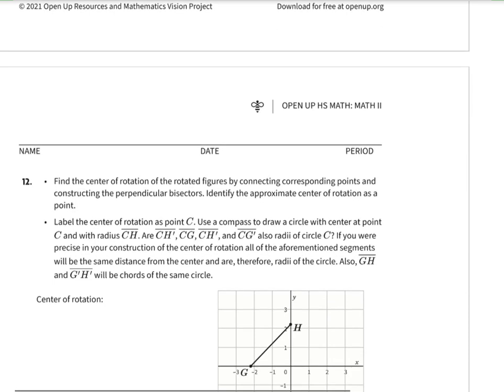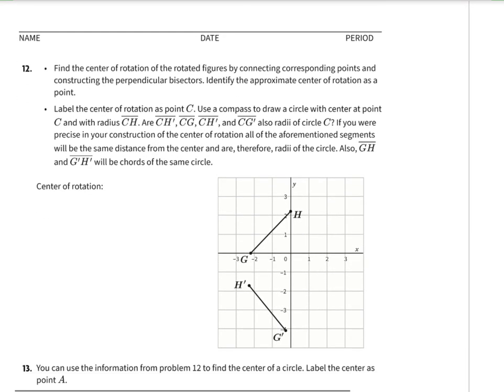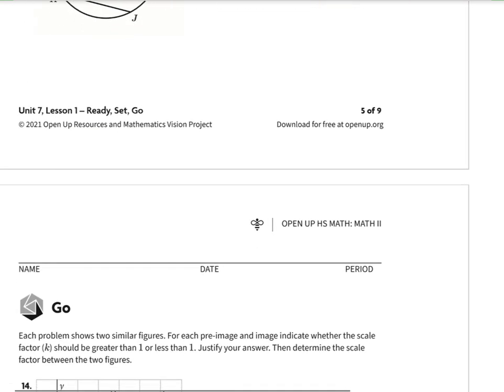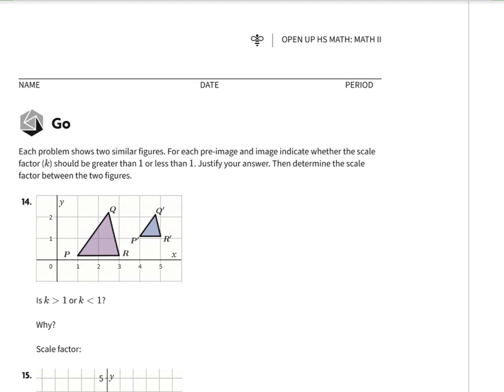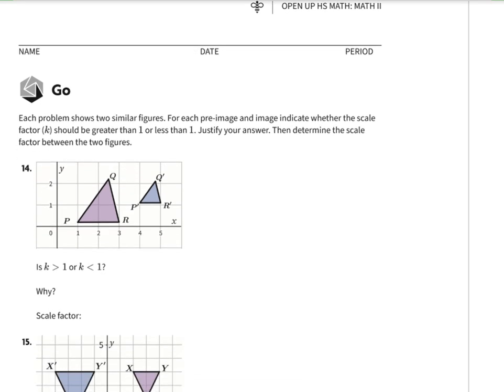All right, one more problem on this assignment, I believe, is number 14. And this is kind of a throwback problem. There are 2 similar figures, pre-image and image. Indicate whether the scale factor should be greater than 1 or less than 1. And these ones are kind of just like a recall. So what happens to this image right here to get this one?